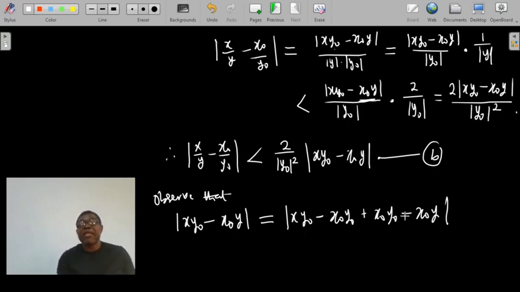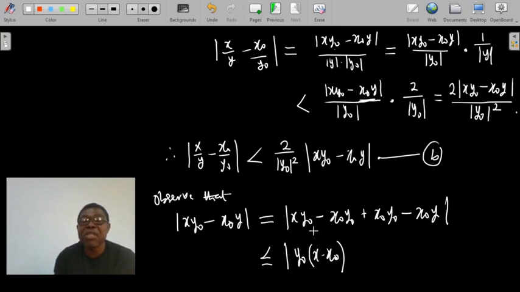I played this kind of trick before, and this is less than or equal to absolute value of y naught into x minus x naught. I can do this factorizing y naught here, then plus absolute value of x naught into y naught minus y. The same factorization, factoring out x naught.